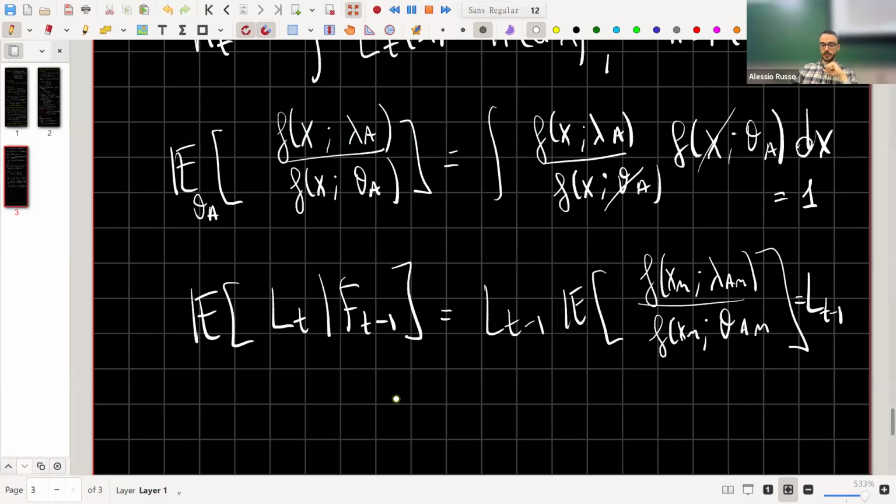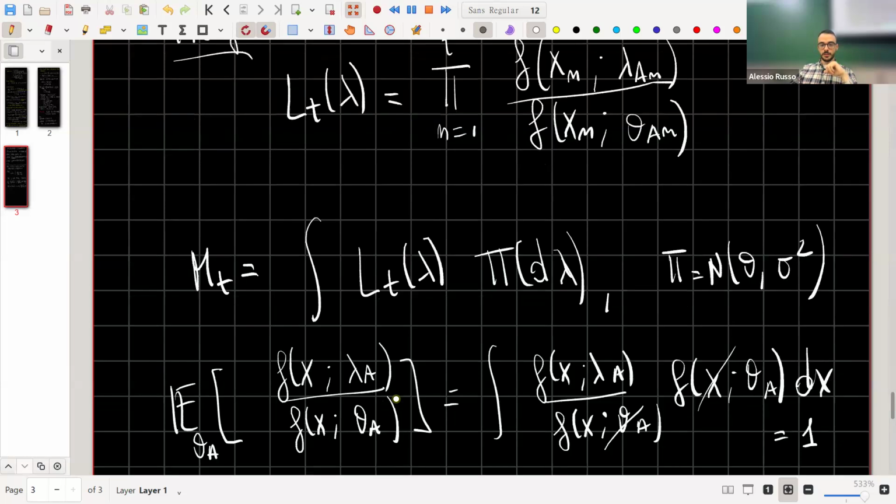I was able to bring out L_{t-1} because it's measurable with respect to F_{t-1}. So it's known. We don't have any randomness. The only randomness that we have on average will be equal to 1. So all of this is equal to L_{t-1}.